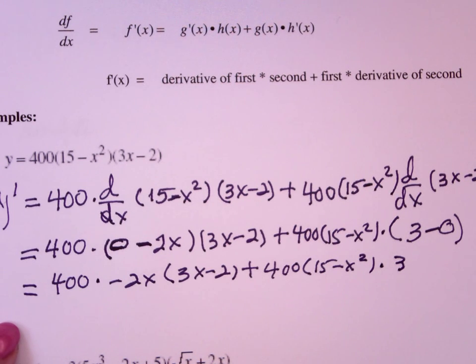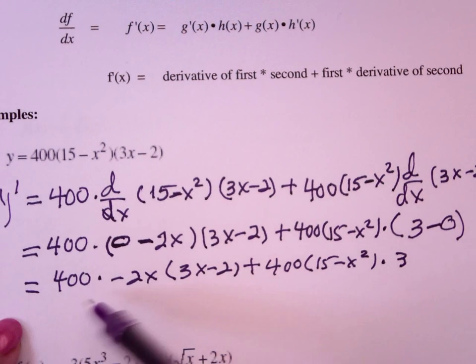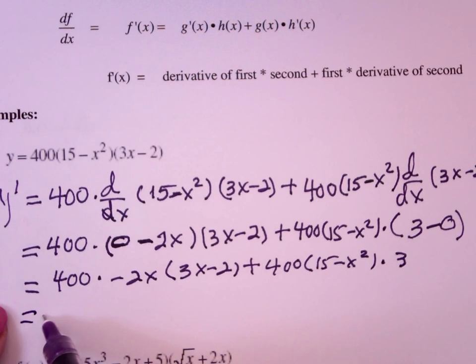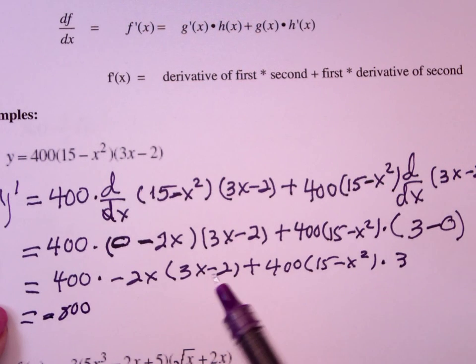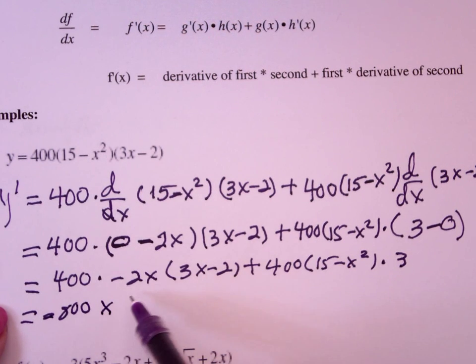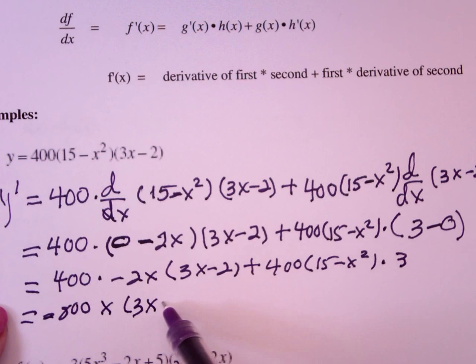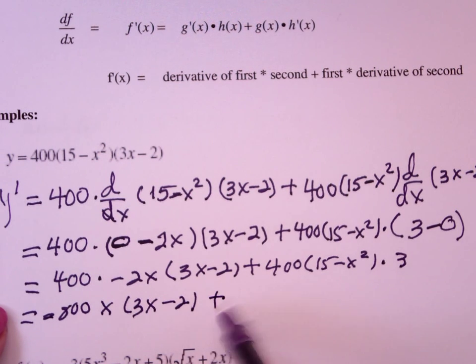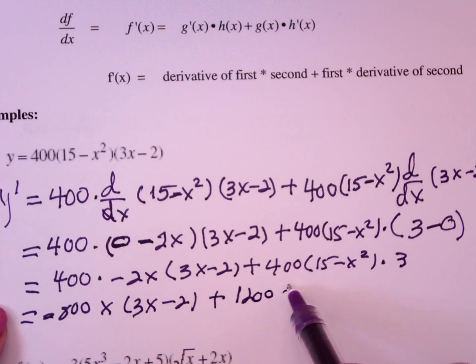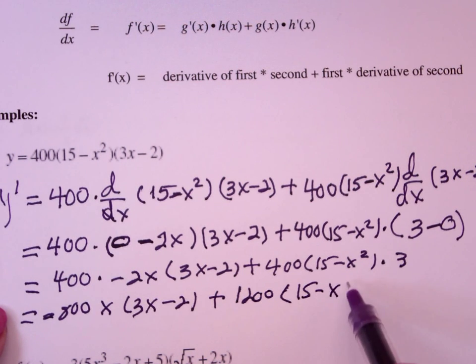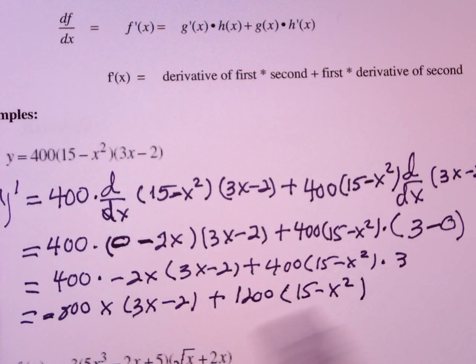These guys are going to be a pain. This then is minus 800x times 3x minus 2 plus 3 times 400, which is 1200, times 15 minus x squared. And I'm just going to leave him that way.